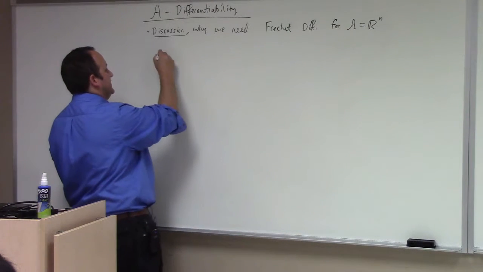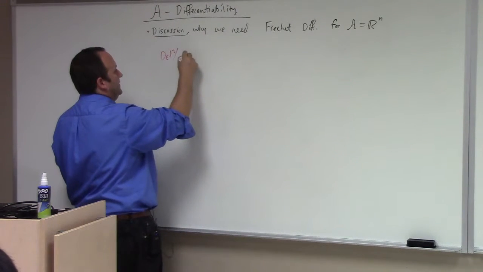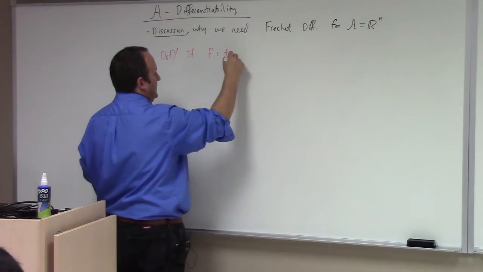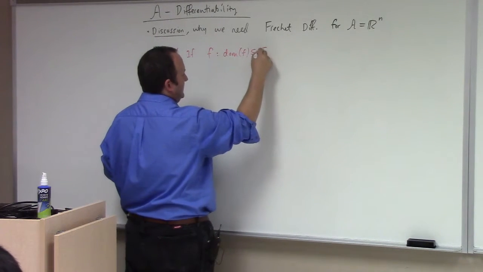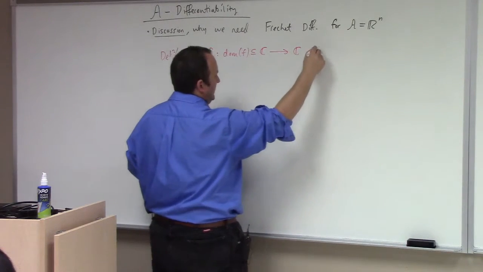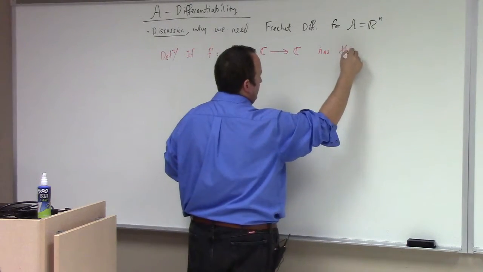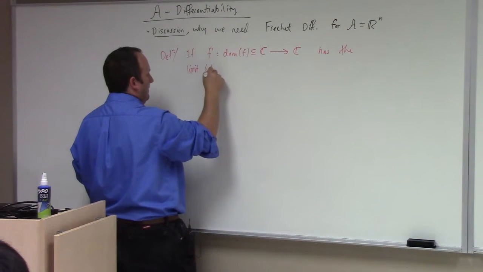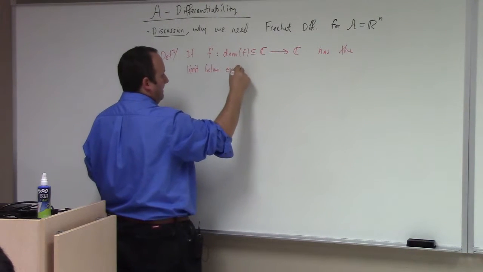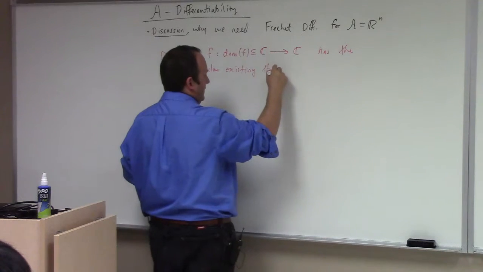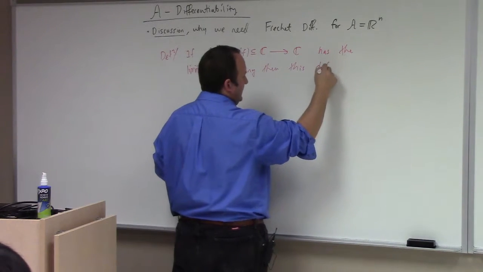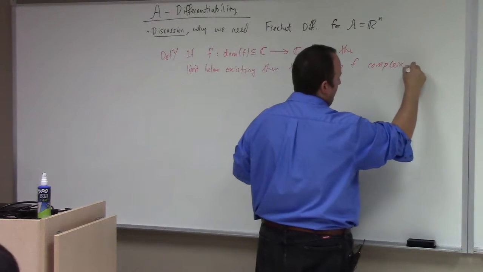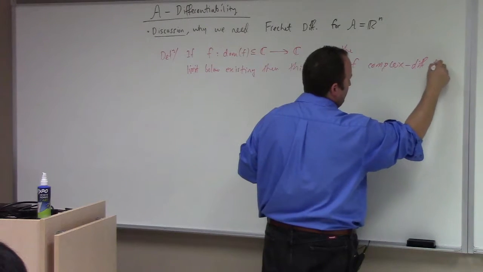And the definition is just this. If f from the domain, which is a subset of the complex numbers, to the complex numbers has the limit below existing, then this defines f complex differentiable at z.